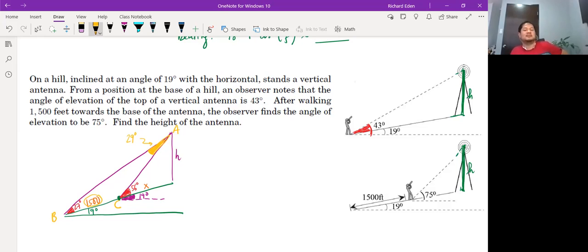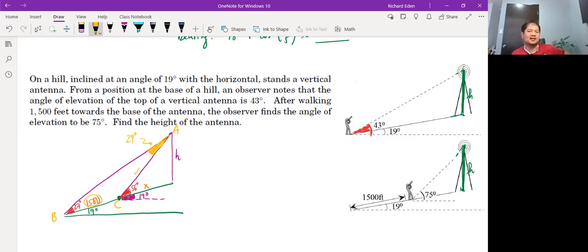1,500 over whatever sine 29 is. Wait, that will be hard. Oh no, it requires decimals. Anyway, later. It's definitely decimals. Alright. 1,500 over sine 29 equals, so at least we know we can find this.